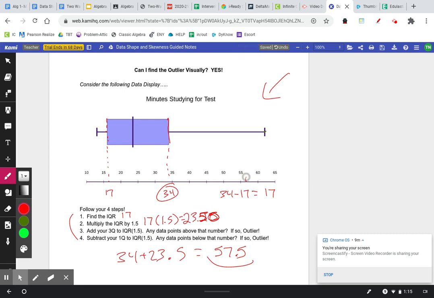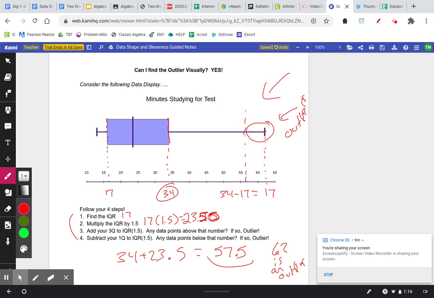Here is roughly 57.5. Is there anything above there? Yes. This data are outliers, because it's above that 57.5. Specifically, we know this is the maximum, so we can say that it looks like about 62 is an outlier.